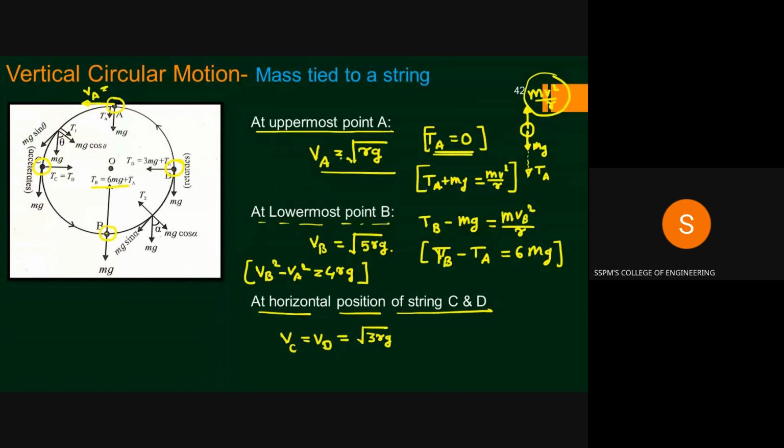So we should know the basic equations: the velocity at point A, that is the minimum velocity, square root rg. Second, at point B, square root 5 rg. Next, the tension difference between the topmost and lowermost points: Tb minus Ta is equal to 6 mg. Then the velocity at the midpoints C and D is square root 3 rg.